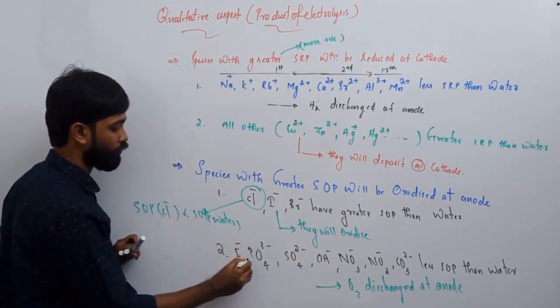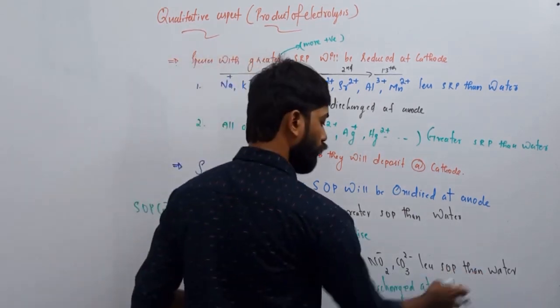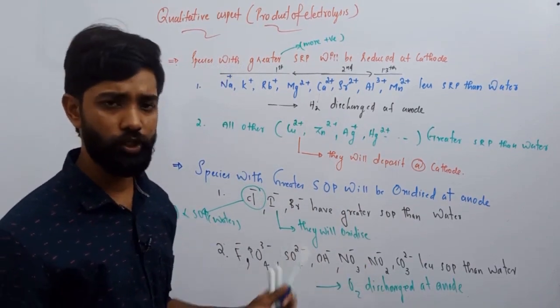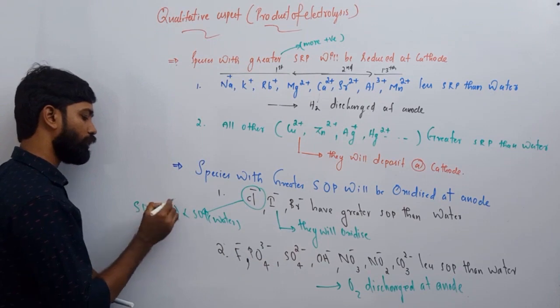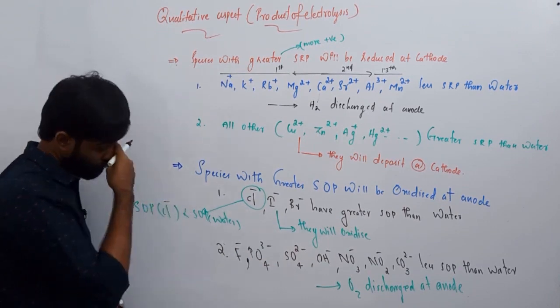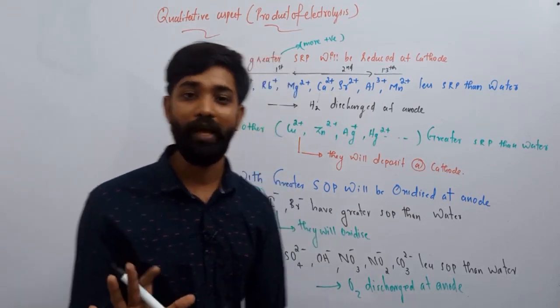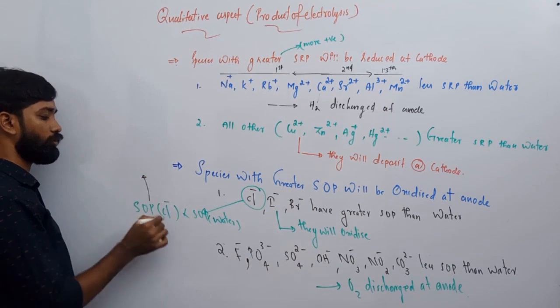Here is F minus also. If there is a competition between F minus and water, then water will win the competition because water has greater oxidation potential. Like that, Cl minus also: if there is a competition between Cl minus and water, then a greater SOP is for water, but actually the species which is oxidized is Cl minus.